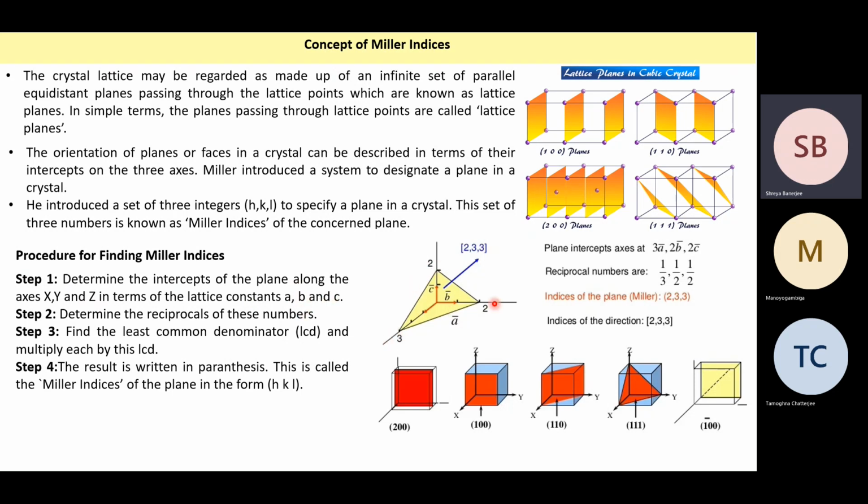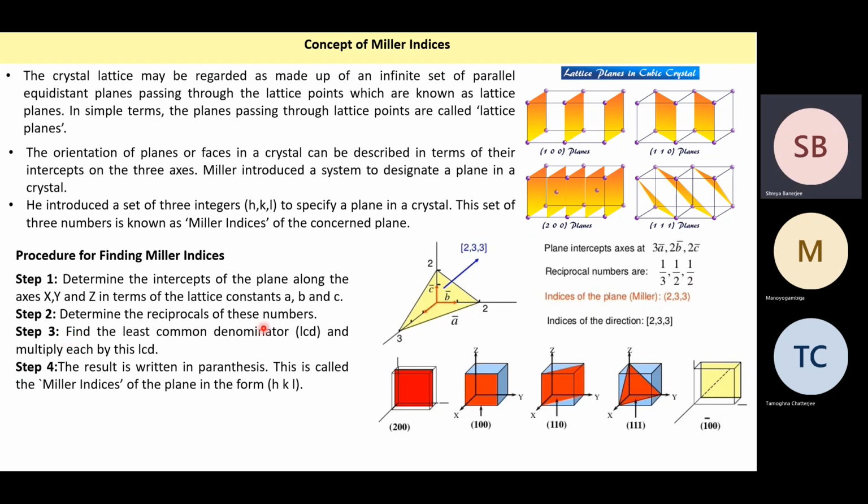Suppose you have a plane like this, and your intercept in the a direction is 3, in the b direction is 2, and in the c direction is 2. So your intercepts are 3, 2, and 2. Step 2 is to take the reciprocal of these numbers: 1/3, 1/2, and 1/2.